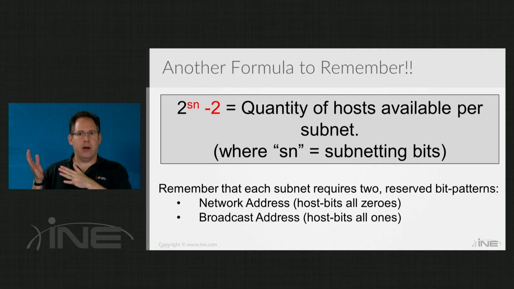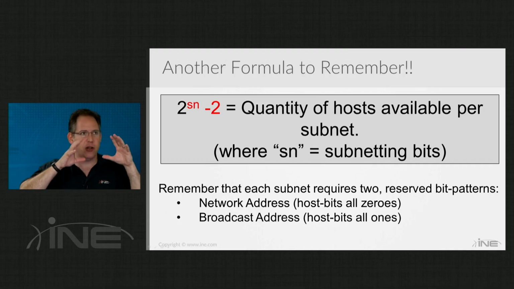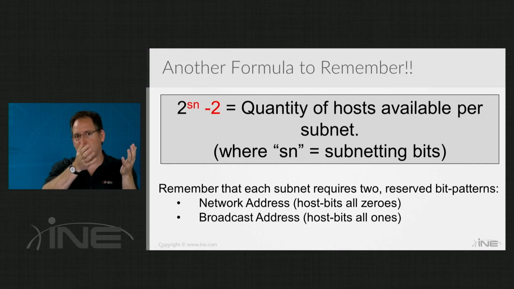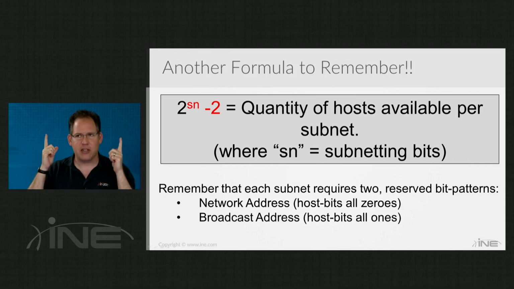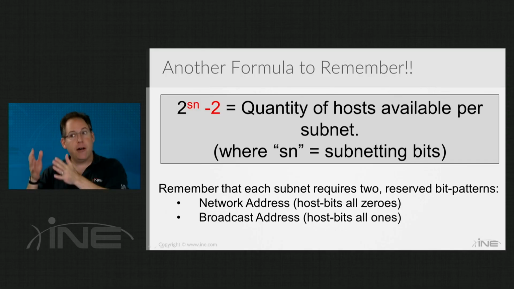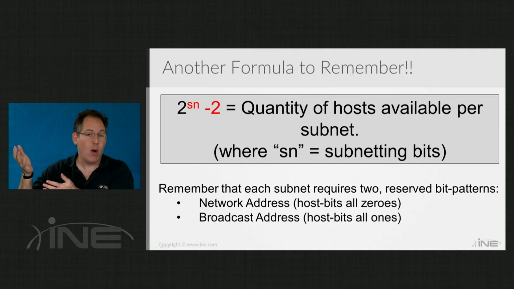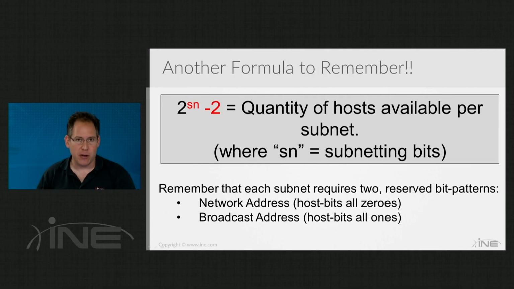That is going to consume one of your available host addresses, so don't forget about that. So that's the second part of this: not only do I need to create my subnets and figure out what my subnet mask is, but after I create that new subnet mask, I have to ask myself, these subnets I'm creating, do they have enough host space left over for the host requirements I have in each one of these networks?